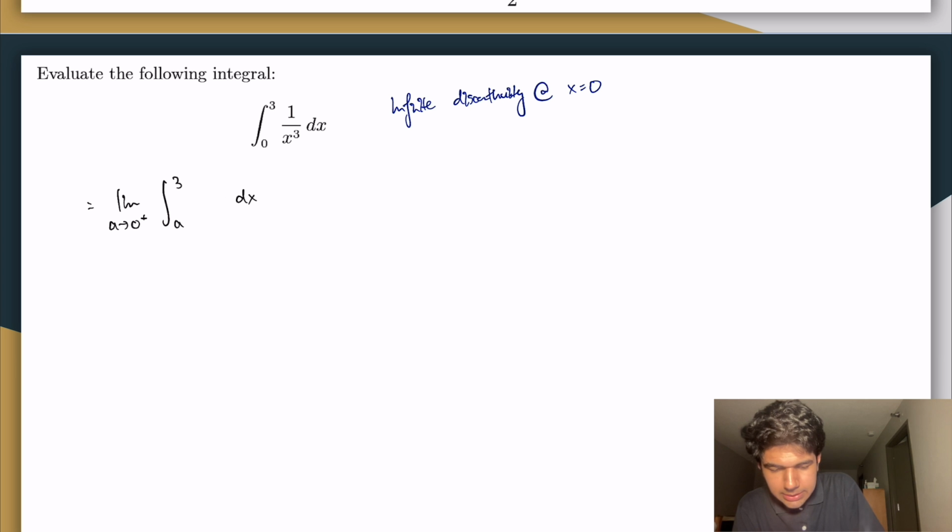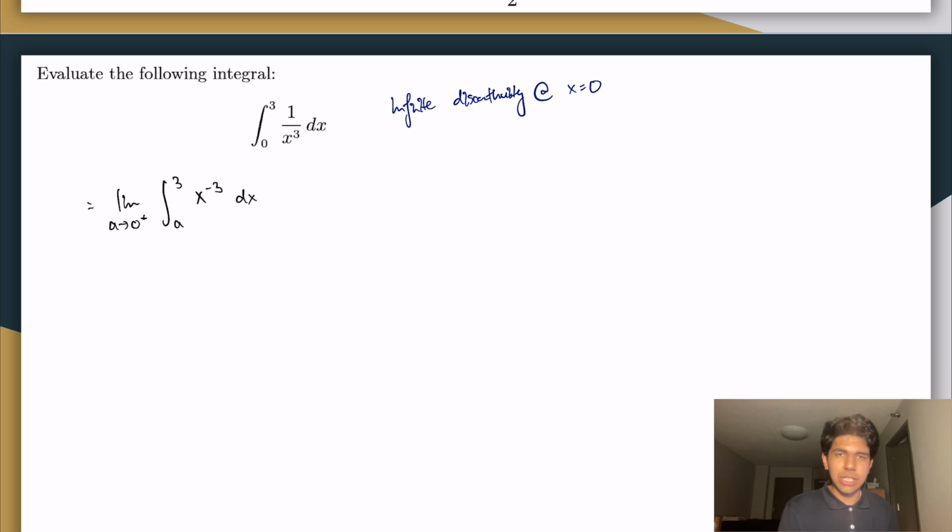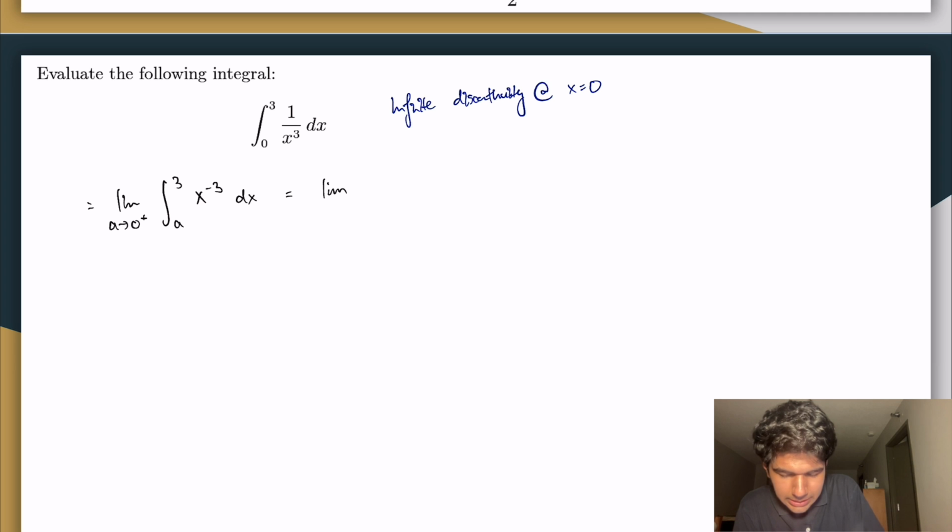And I'm going to rewrite this integrand as x to the negative 3. Because now we can solve this integral as normal, just treat it as a normal definite integral, and we can solve it using the power rule. So we'll keep this limit as a approaches 0 from the positive side.